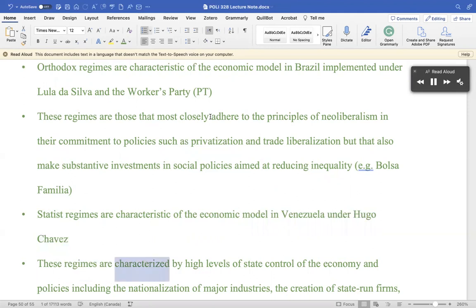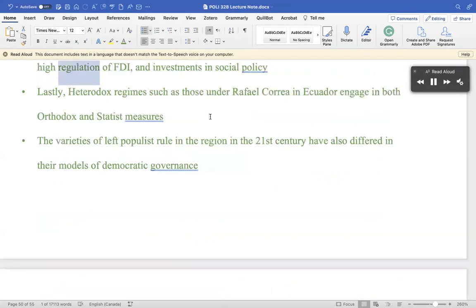These regimes are characterized by high levels of state control of the economy and policies, including the nationalization of major industries, the creation of state-run firms, high regulation of FDI, and investments in social policy. Lastly, heterodox regimes such as those under Rafael Correa in Ecuador engage in both orthodox and statist measures.